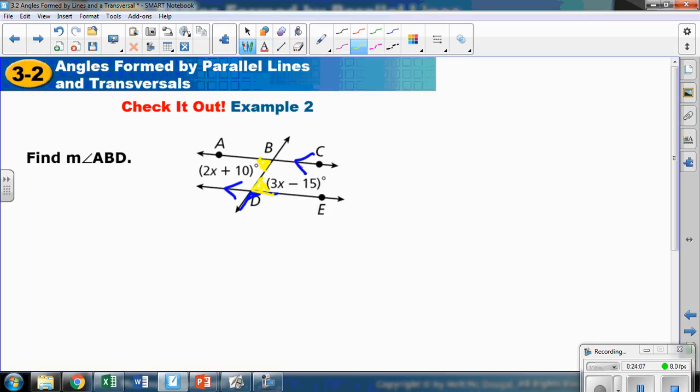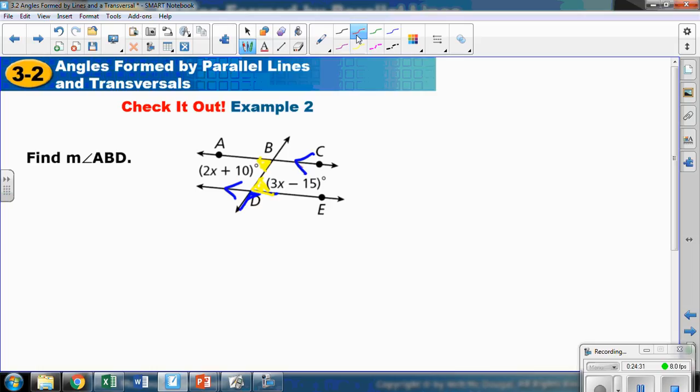In the yellow, what are those? We only have two possibilities. They're either congruent or they're supplementary. Which ones are those? Are those angles that are the same, or are those angles that would add up to 180?